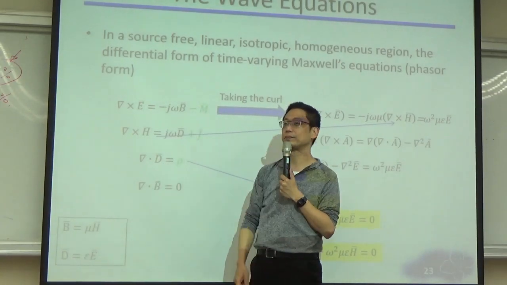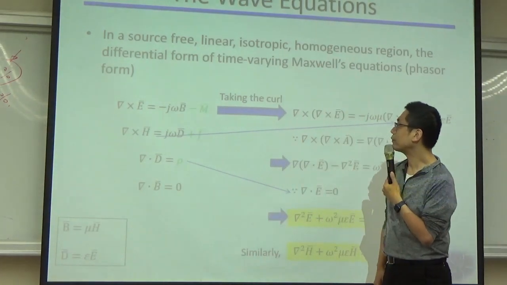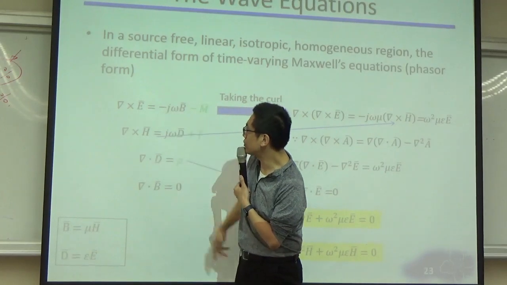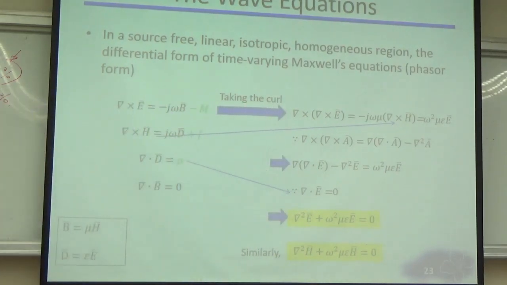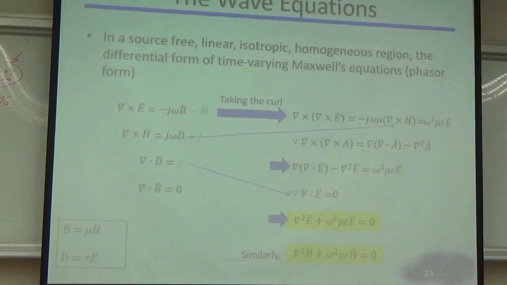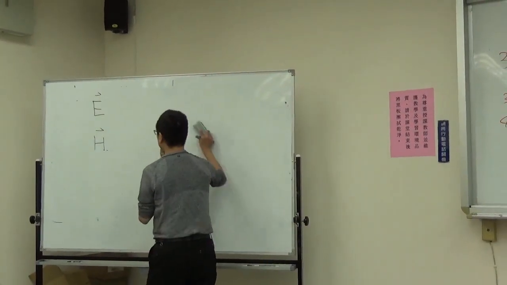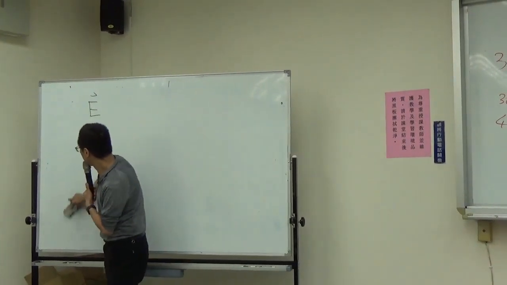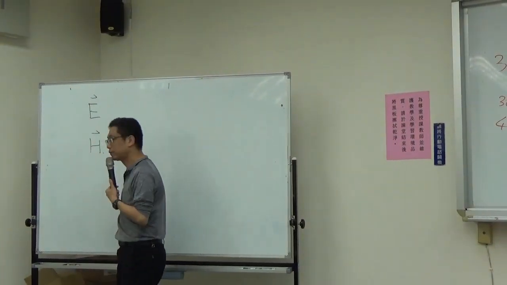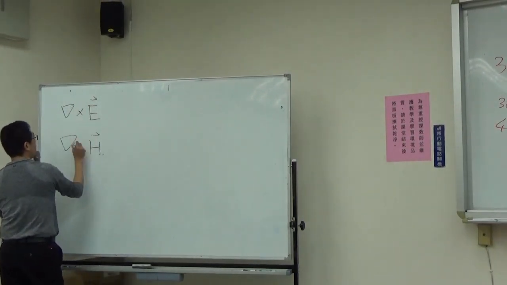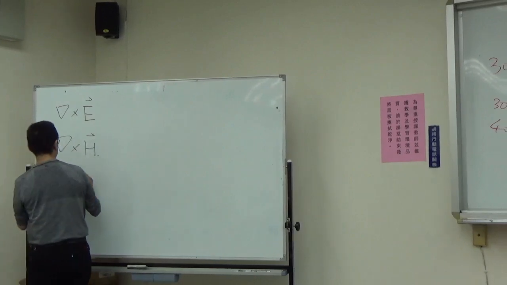This is the first thing. Second, I try to look at these two equations. Let's do it. First of all, I do the same thing as you. I write down Maxwell's equations.